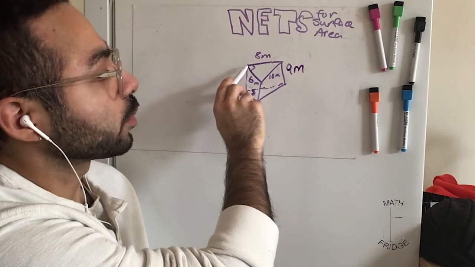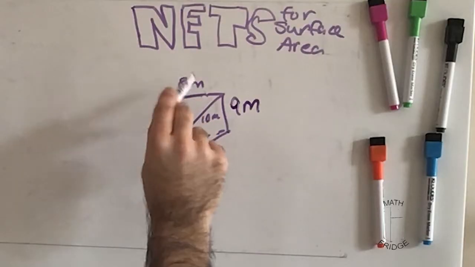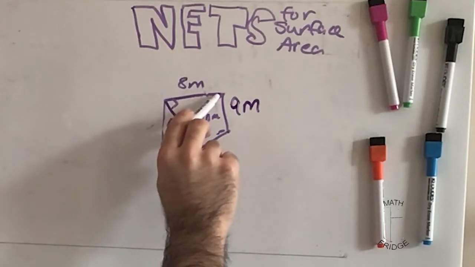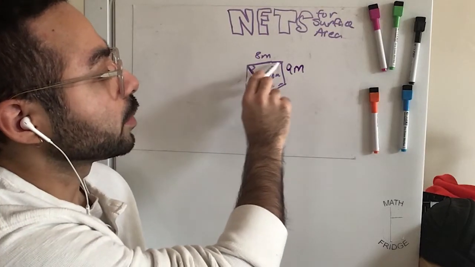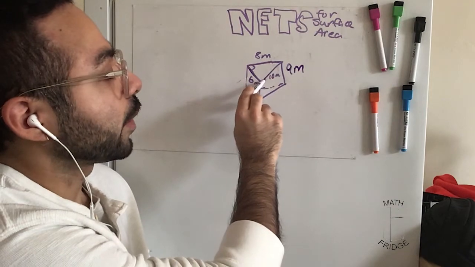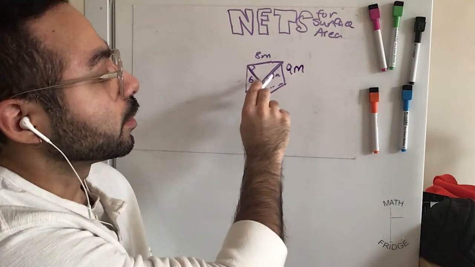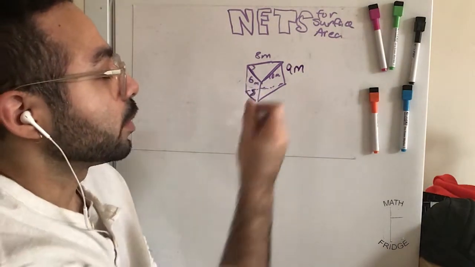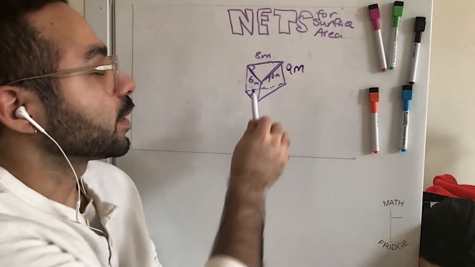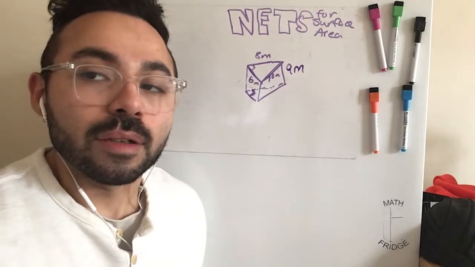For the other leg of this right triangle I have 8 meters labeled here. So 6 meters here, 8 meters there, and then finally I have a hypotenuse, the longer side of the right triangle, as you remember in class, of 10 meters. So that consists of this right triangle right here.